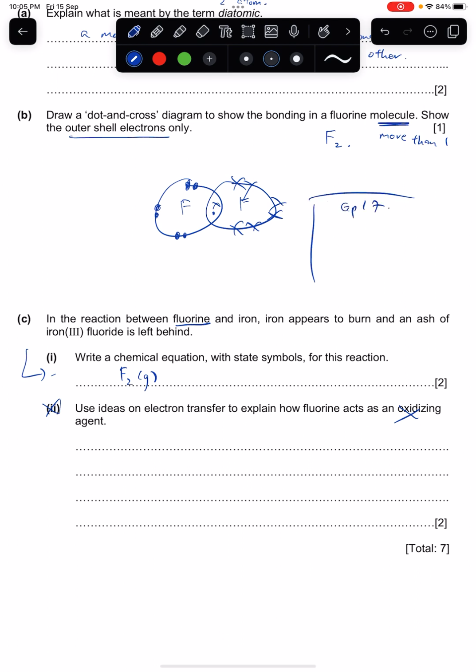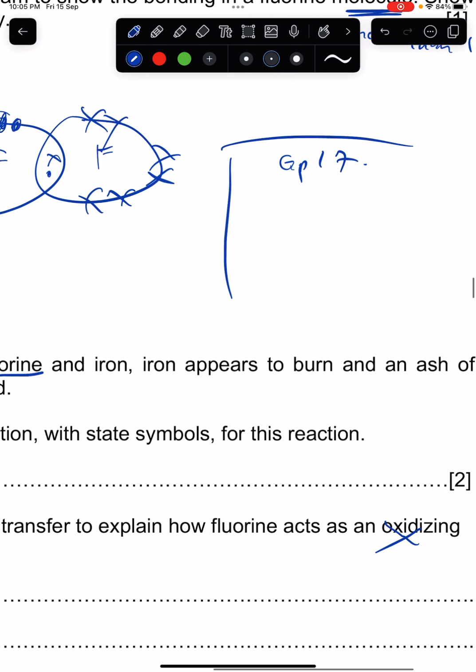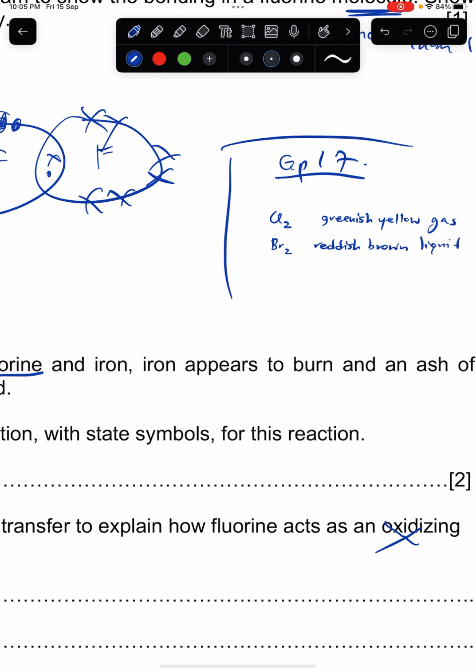You need to know the natural occurring color. So we do have to know that Cl2 is actually a greenish yellow gas. And right under it is bromine. Bromine is a reddish brown liquid, which means the melting point increases.